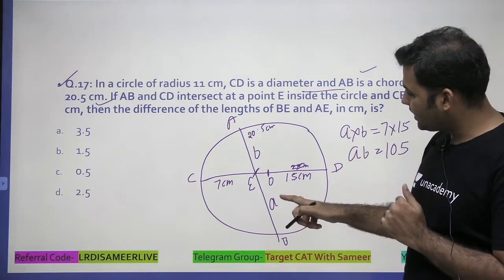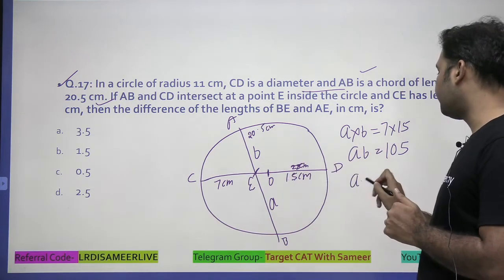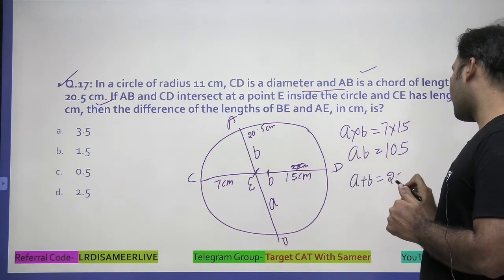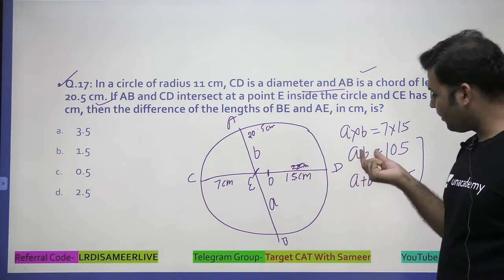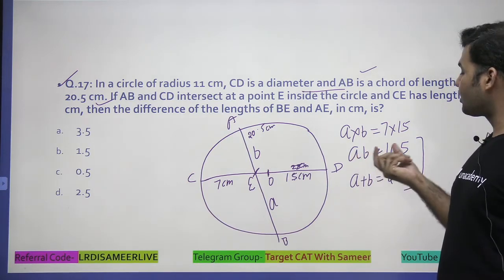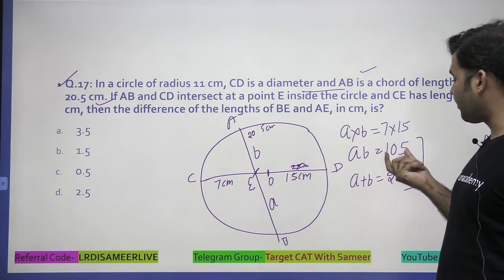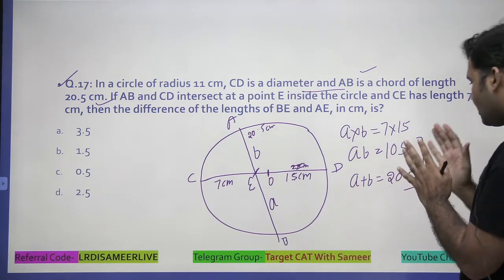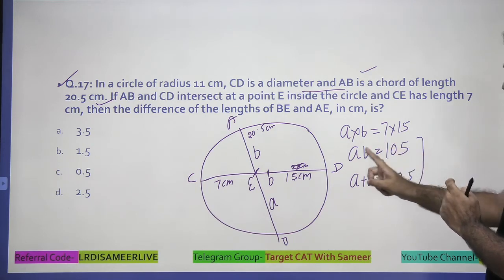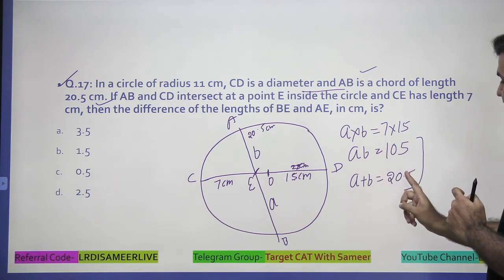And because it is given that A plus B is 20.5, to answer the question all you have to do is think of two numbers, the product of which should be 105 and the summation of which should be 20.5.